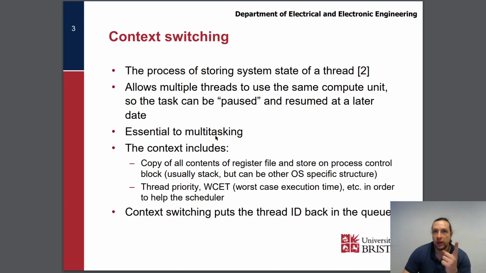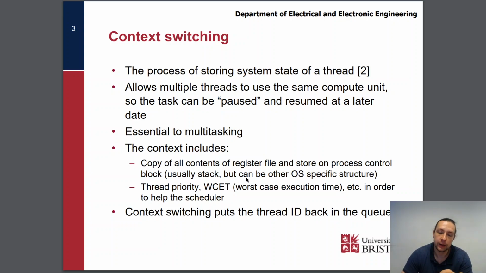What that means is that if we have two threads, say thread 1 and 2, and thread 1 is running on the device and something happens, or a higher priority thread comes in and needs to be scheduled immediately, we can save the system state, which includes a copy of the contents of the register file, the thread priority, the execution time, and other information associated with the thread.